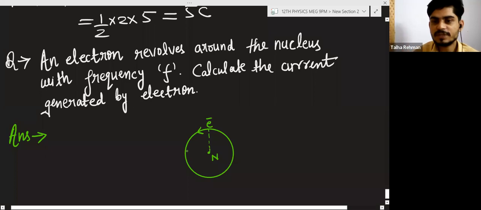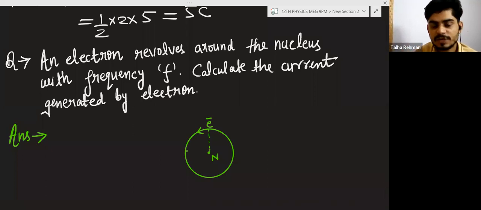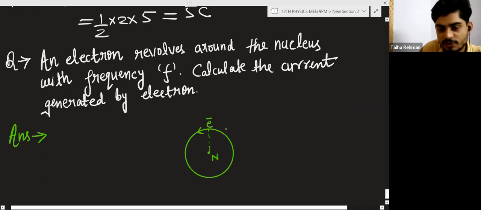And the electron is a charged particle, and when a charge is in motion, current is generated. Here, this electron is in motion around the nucleus, so obviously current will be generated. That current we have to find.